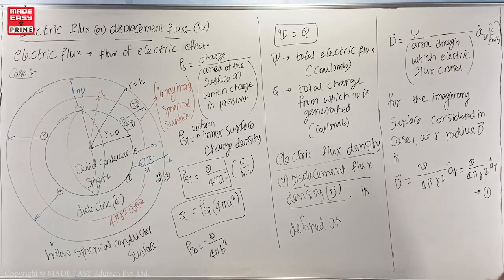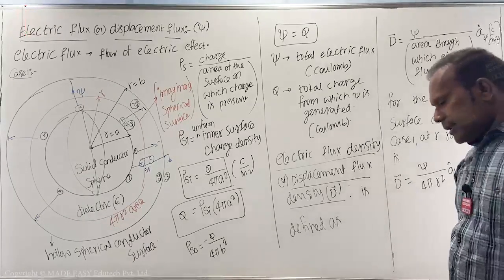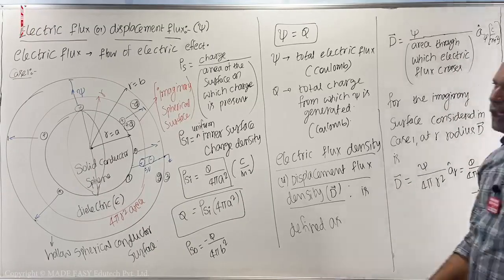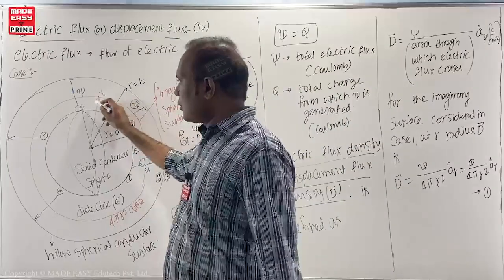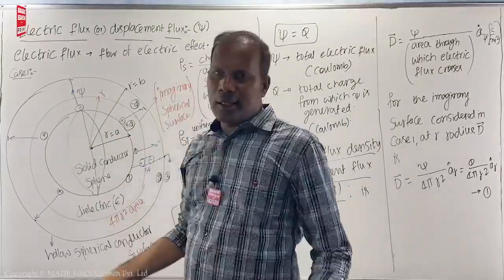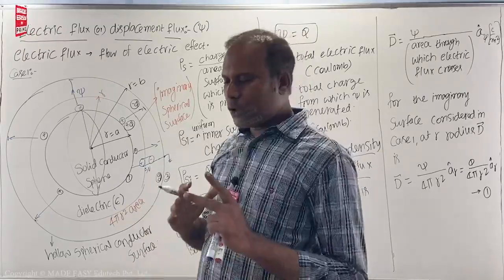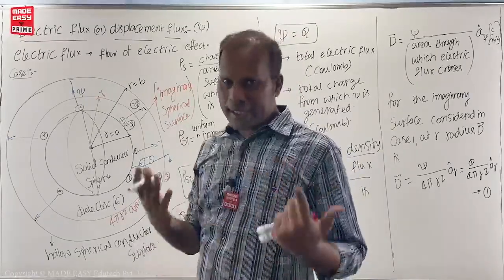So dear friends, can you tell me the electric field at r distance due to the Q charge? Answer: Q by 4 pi epsilon r square AR cap.